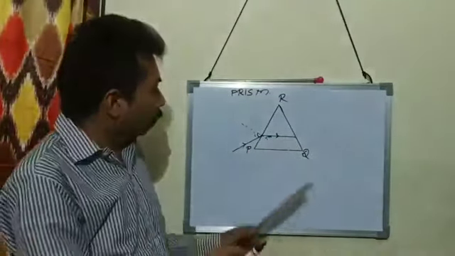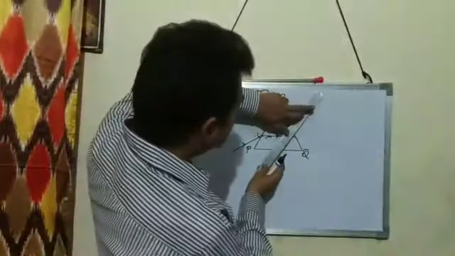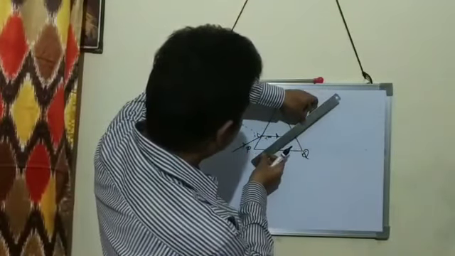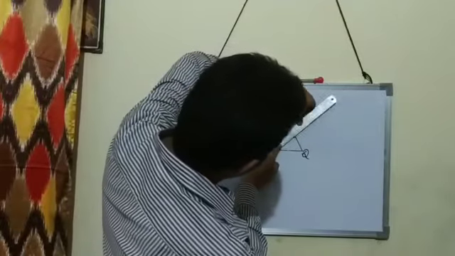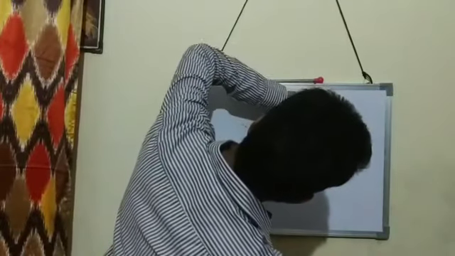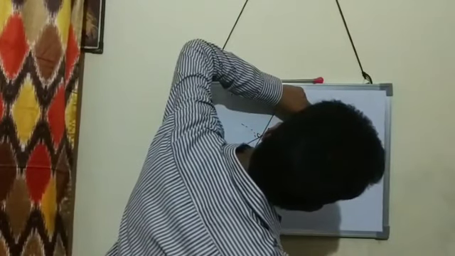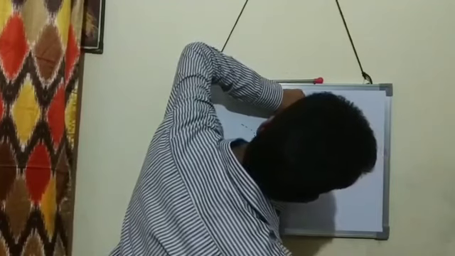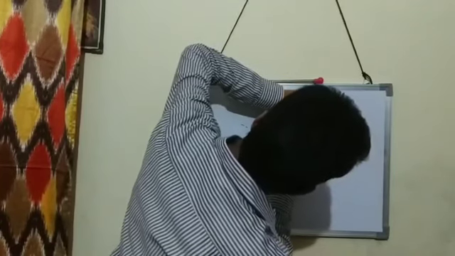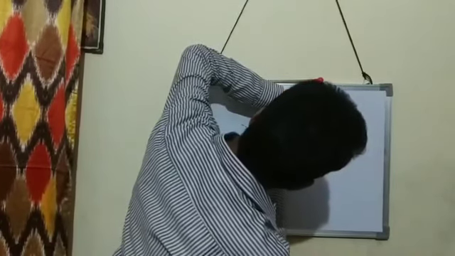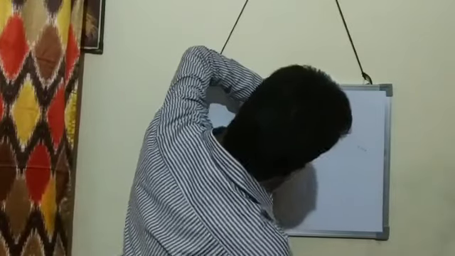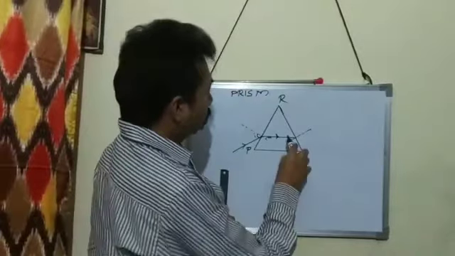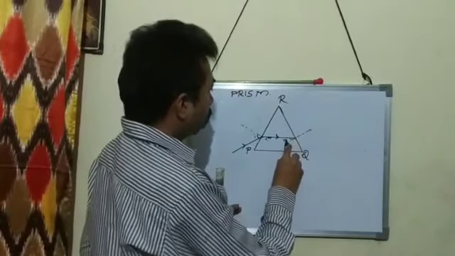About this surface also I draw a normal. So this is another normal, and this angle I name as R2.